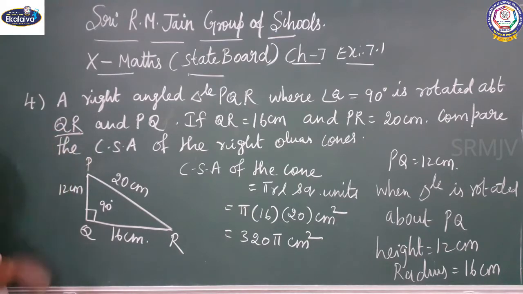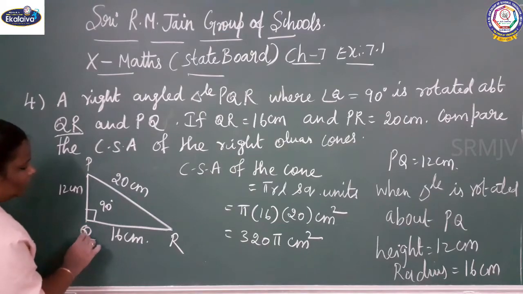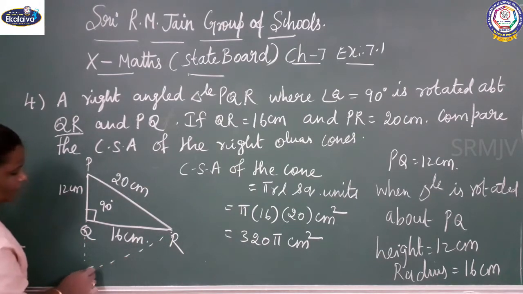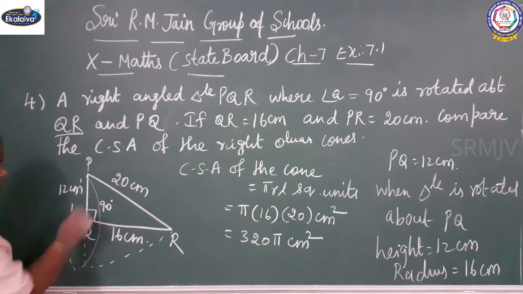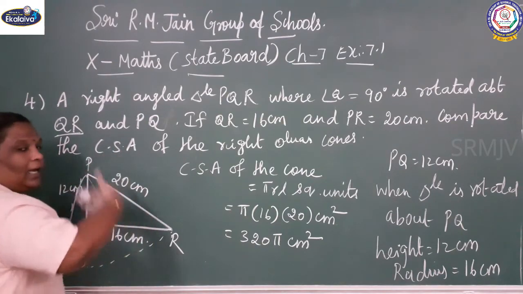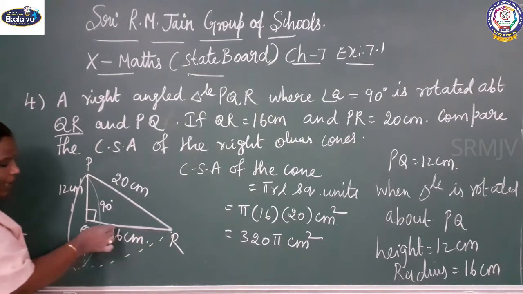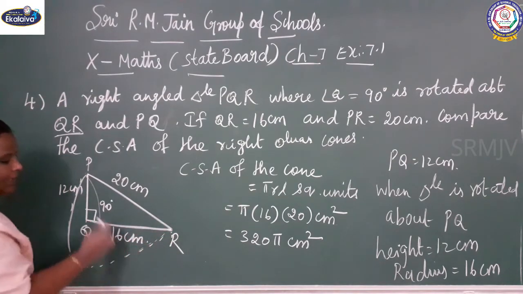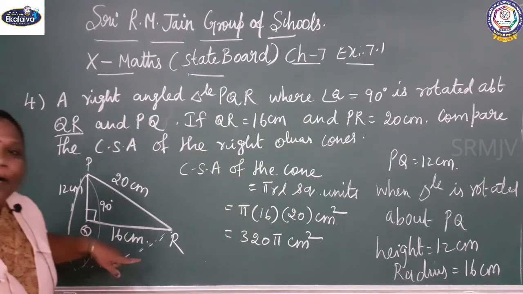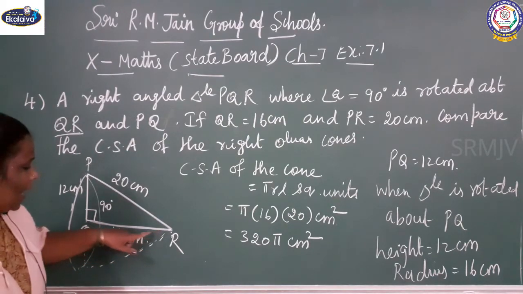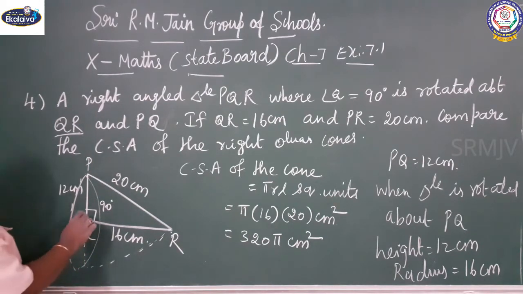Then when the triangle is rotated about QR, it will rotate like this, along the x-axis. Then QR acts as the height of the cone and PQ is nothing but the radius of the cone.